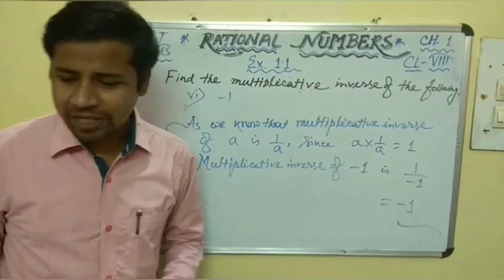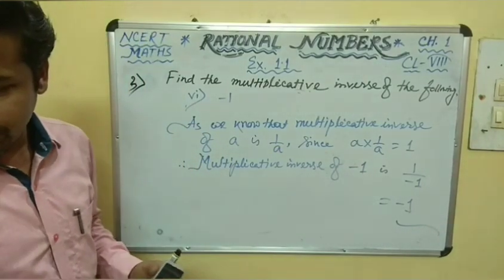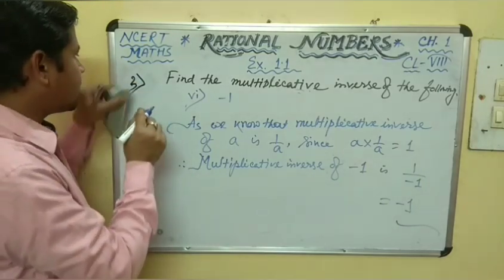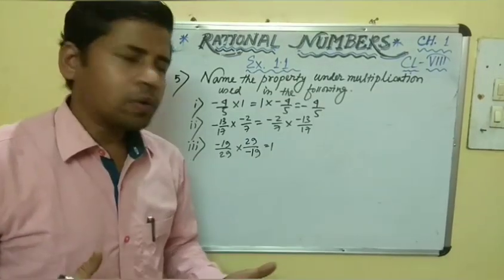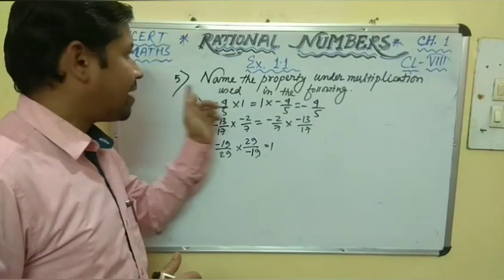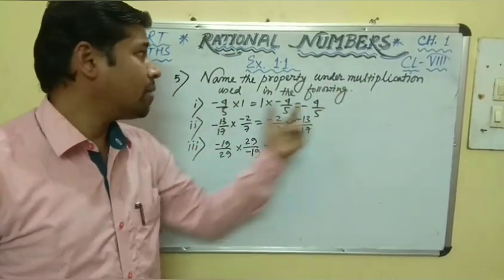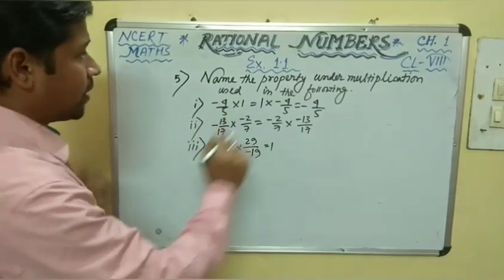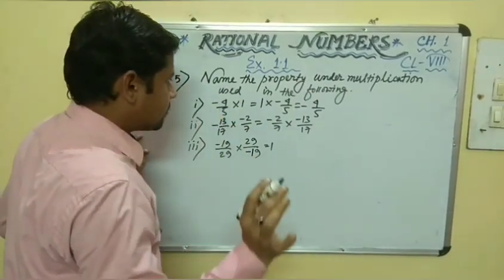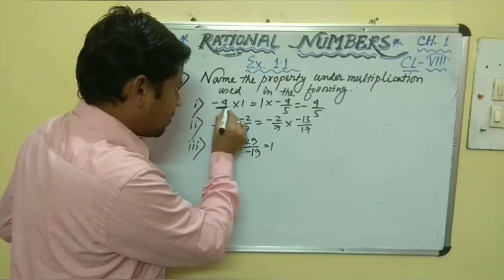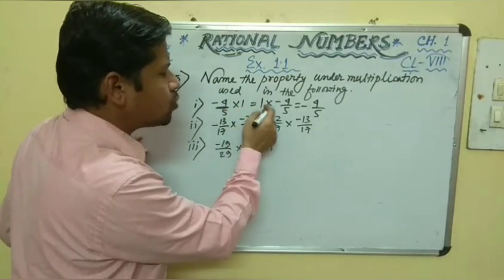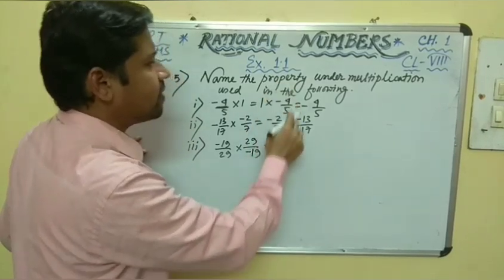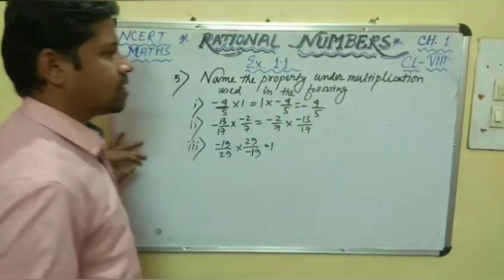Question number 4 was completed. Now we are going to solve question number 5. Name the property under multiplication used in the following. See carefully: minus 4 by 5 into 1 equals 1 into minus 4 by 5 equals minus 4 by 5.